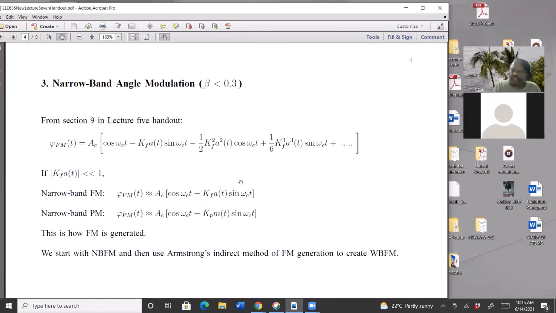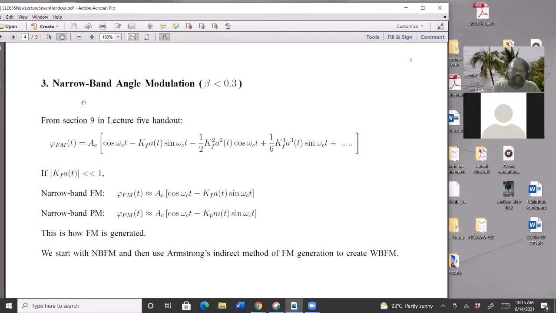Now you have another branch, narrowband angle modulation or wideband angle modulation. So essentially the problem, as I mentioned last time, is that we really have to make wideband angle modulation. Wideband means the bandwidth is large, but it is very difficult to do that.